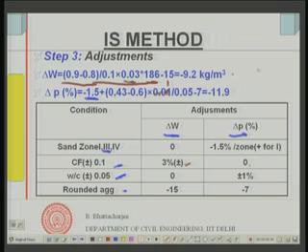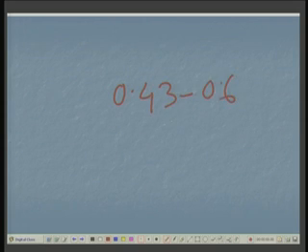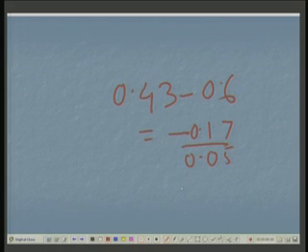So, 0.43 minus 0.6 is equal to minus 0.17, and divided by 0.05, for each 0.05 I have 1% correction.